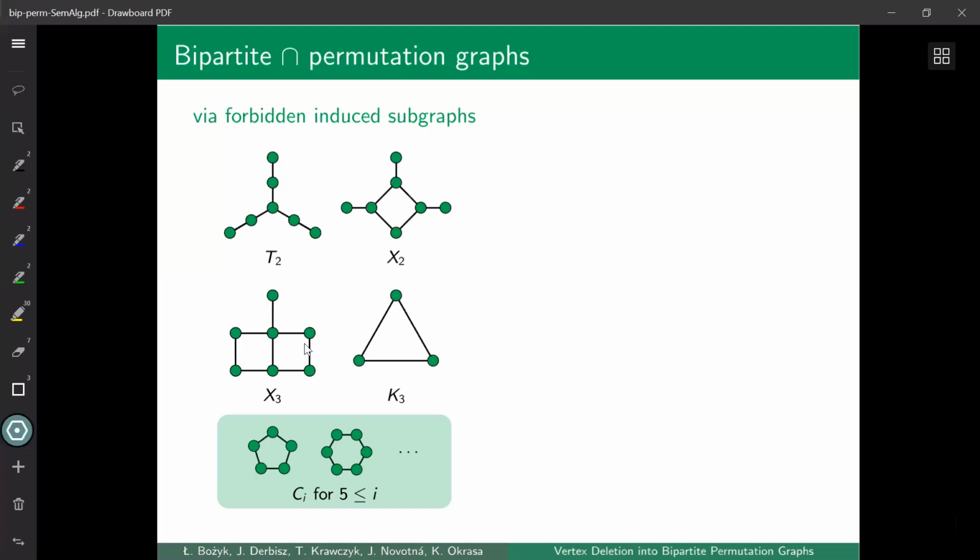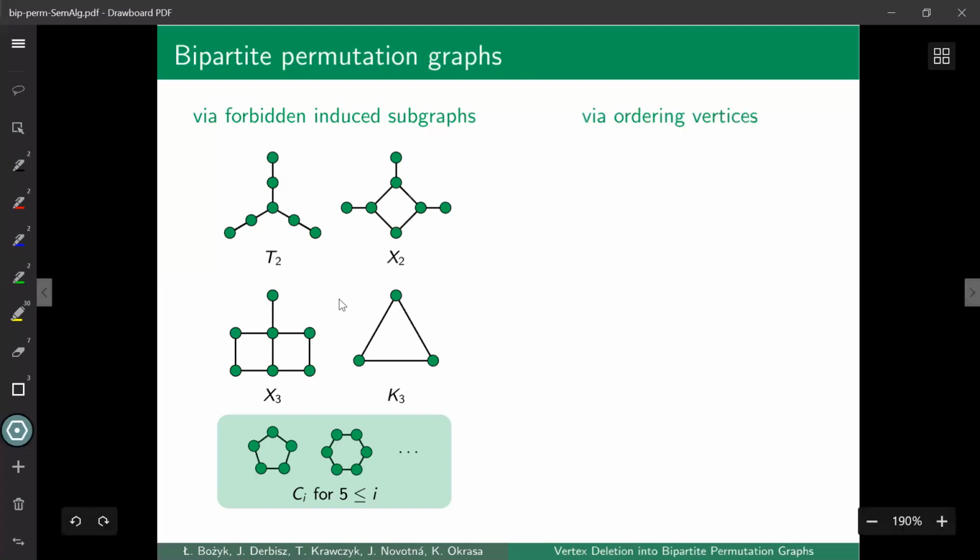But what's arguably the most important thing here is that we can define this class in another way. And as this class is related to some orderings and posets, it turns out that this other way of defining bipartite permutation graphs is also connected to those.